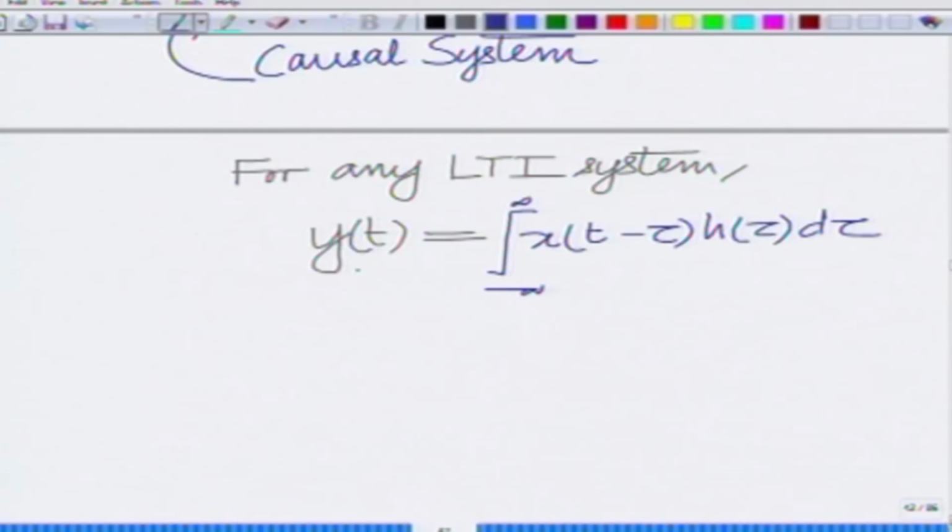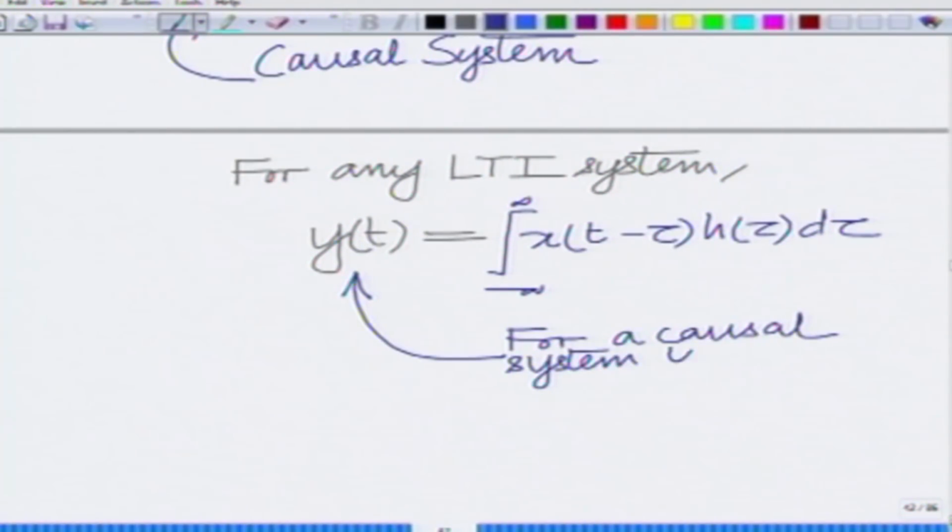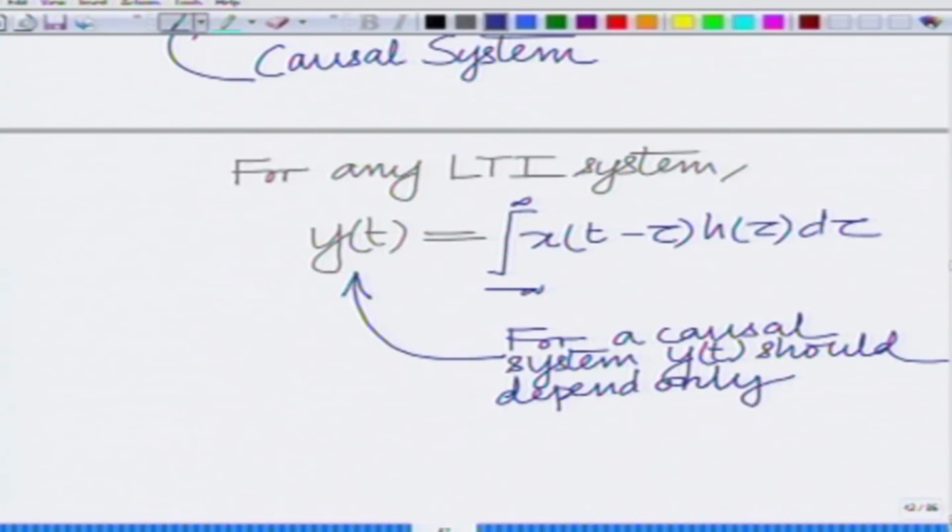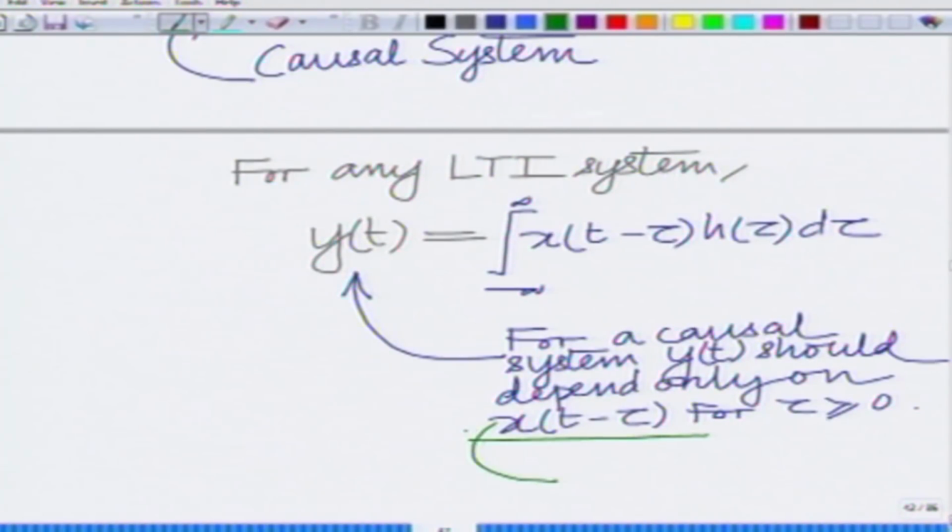So y of t for a causal system should depend only on x of t minus tau for tau greater than or equal to 0, that is, only past values of x of t.